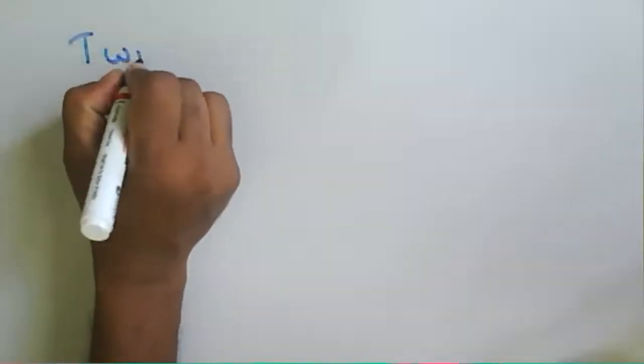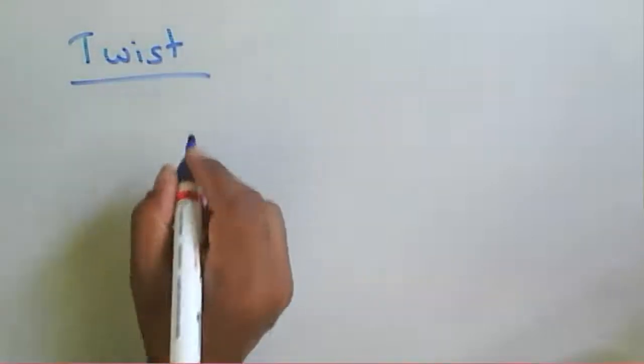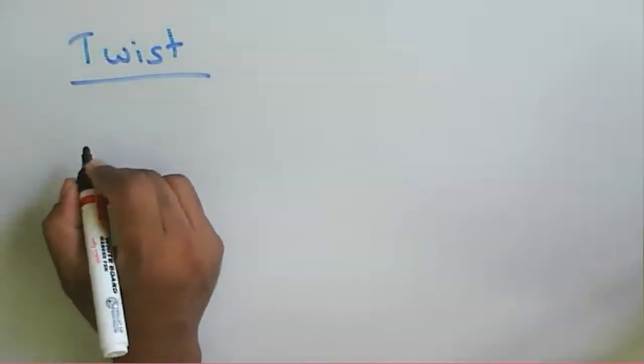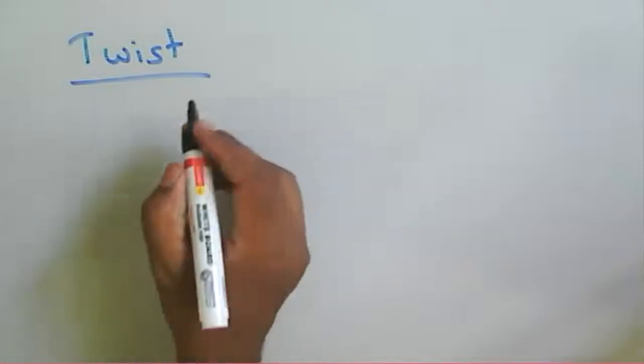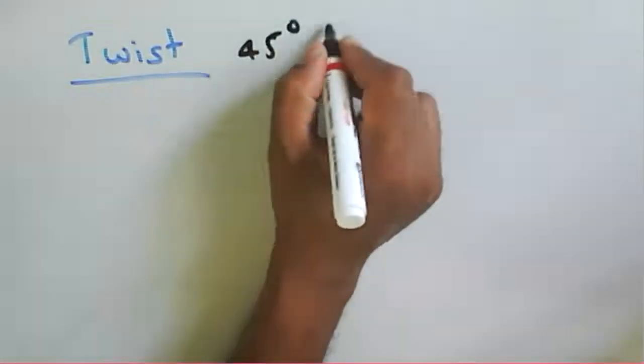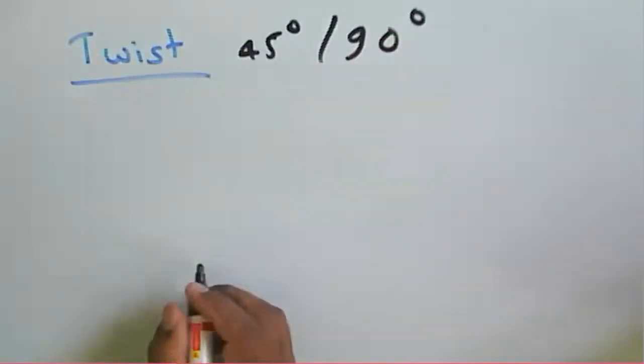Then next is the twist. A twist is used to change the direction of polarization. So twist means it will be a 45-degree twist or a 90-degree twist.